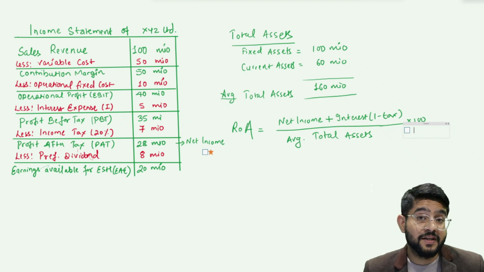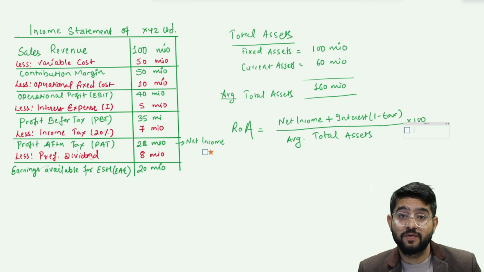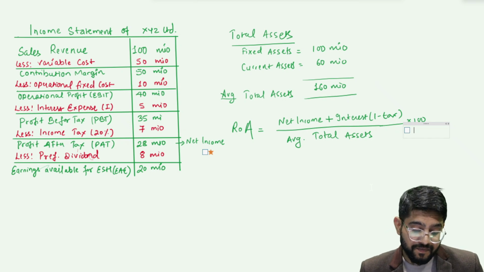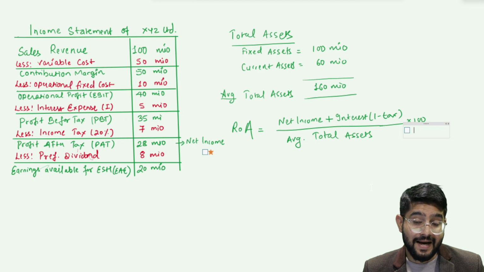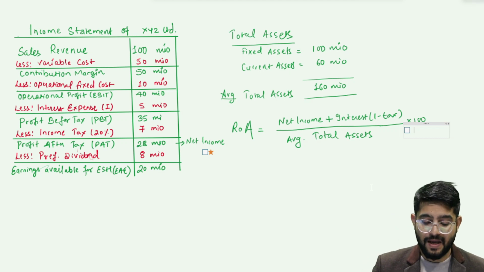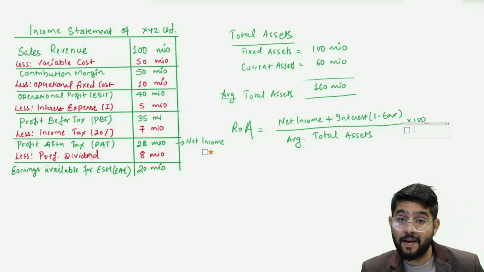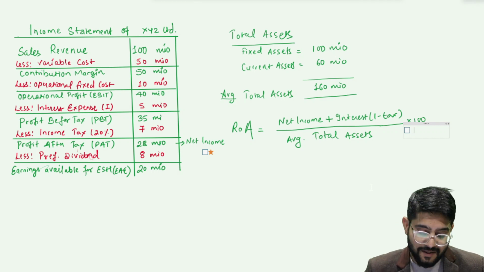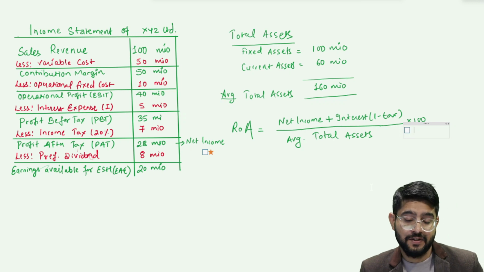I'm considering income tax to be 20% of profit before tax, and that would be 7 million, and after deducting the income tax we get profit after tax of 28 million. I'm considering that there is some preference share capital and the commitment of the company is to pay 8 million as dividend. So after deducting the dividend we get earnings available for the equity shareholders.